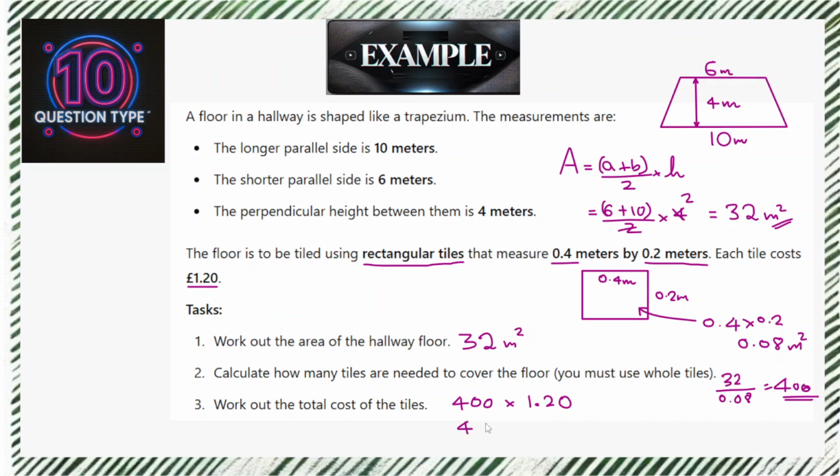That's 480 pounds. Now that's a relatively easy question to do. A question like this with nice round numbers would usually come in a non-calculator paper. Sorry, my bad. It's come in a non-calculator paper. Now I'm going to give you another question to try.